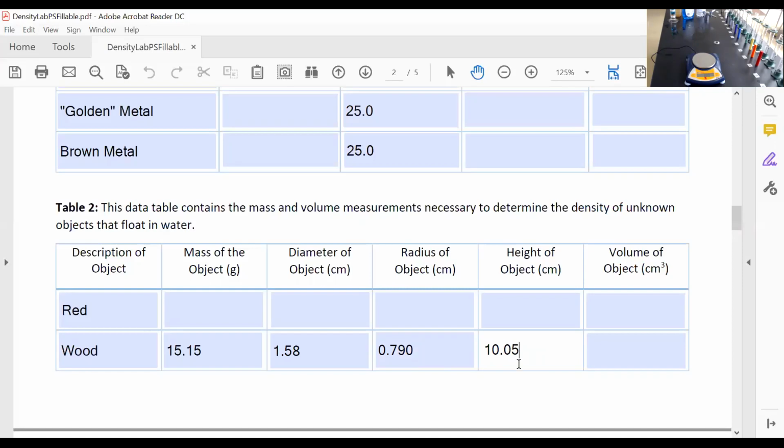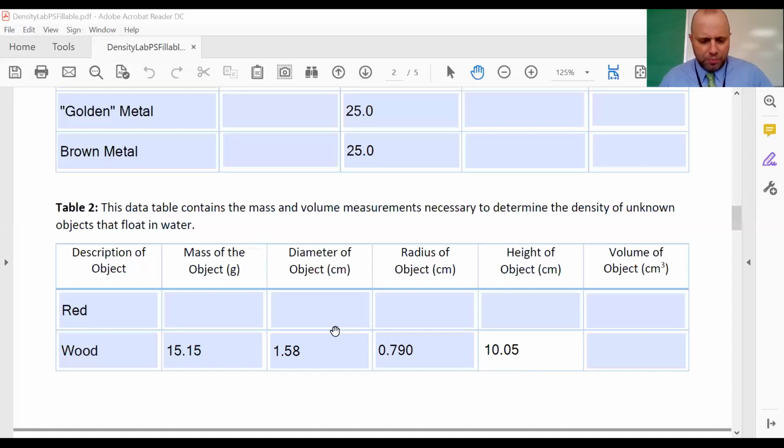Now, if you remember, the equation for calculating the volume of a cylinder is pi times r squared times h. So pi times r squared times h will give us the volume of the object. So I'm going to type that into my calculator: pi times 0.79 squared times 10.05.